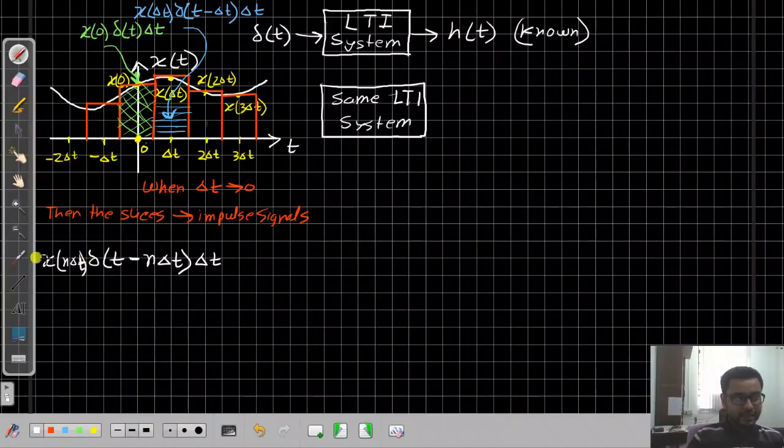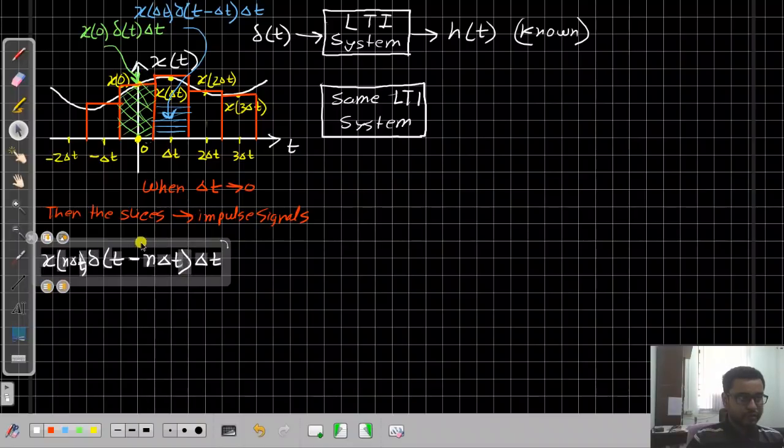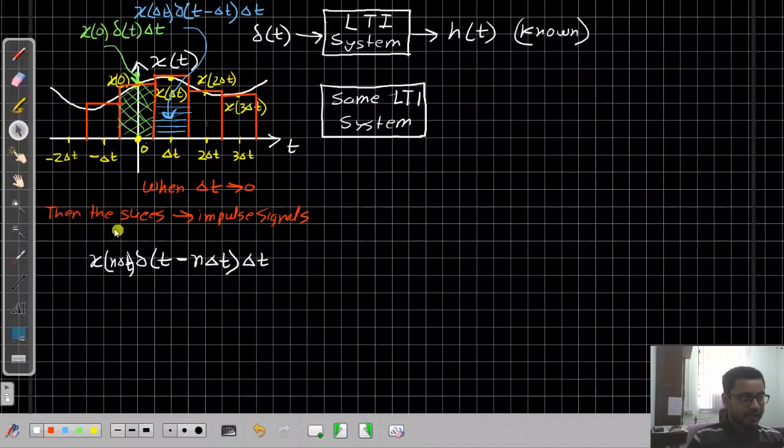So this signal represents one particular slice, and if I add all the slices for n equal to minus infinity to infinity, then that will give me the total x of t, this white colored actual signal, which I have broken into these red colored small slices.